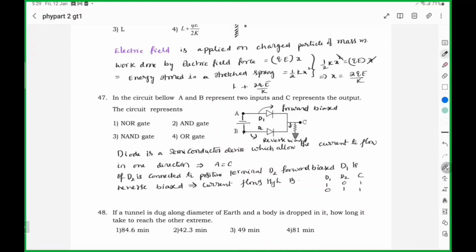If either of inputs are high, output will be high.